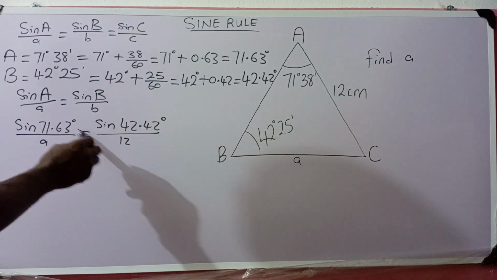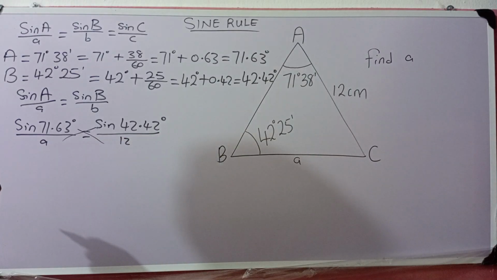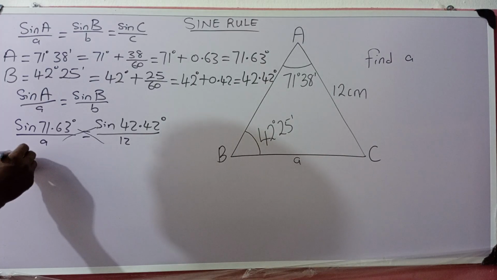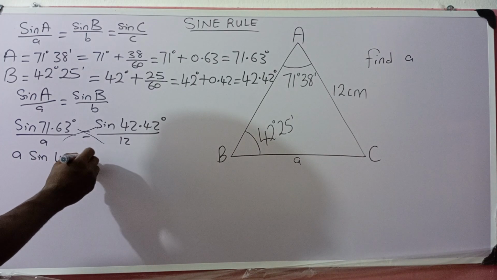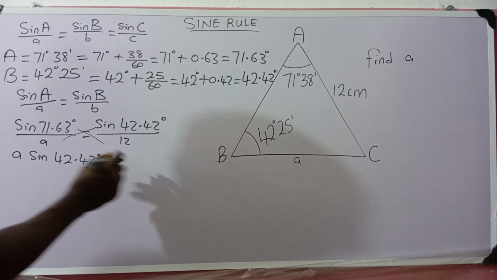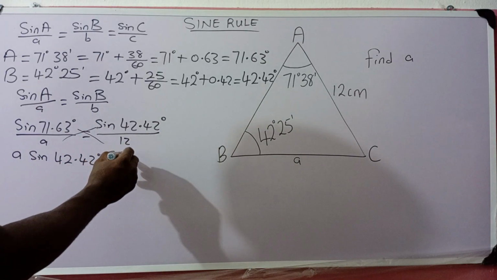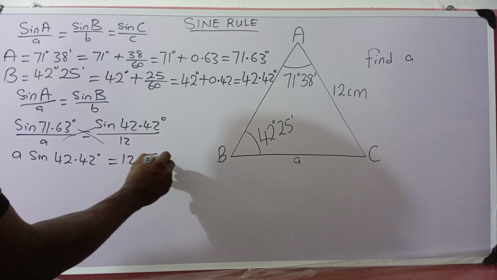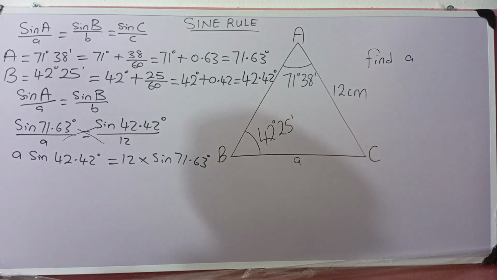So what do we do? We cross multiply. When we cross multiply, A multiplying sine 42.42 degree will give us A sine 42.42 degree is equal to 12 multiplied by sine 71.63 degree.